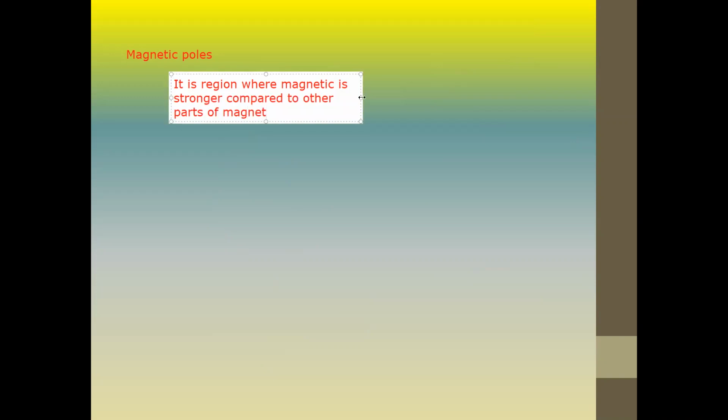So the place where the magnetic field or magnetic force is much stronger compared to other parts, we call this region a magnetic pole. For example, you have a material in which the domains are aligned or arranged.